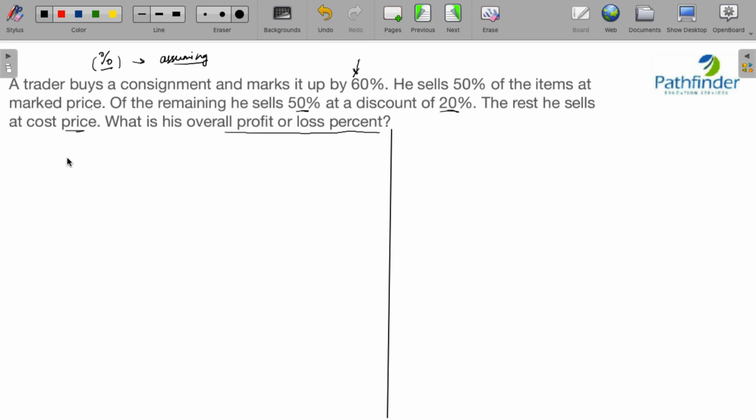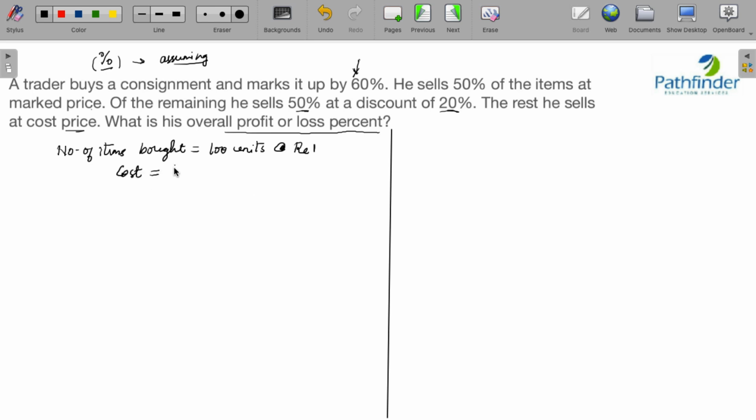So the best strategy is you assume that the number of items bought is 100 units and the cost price is 1 rupee per unit. So one thing is fixed.